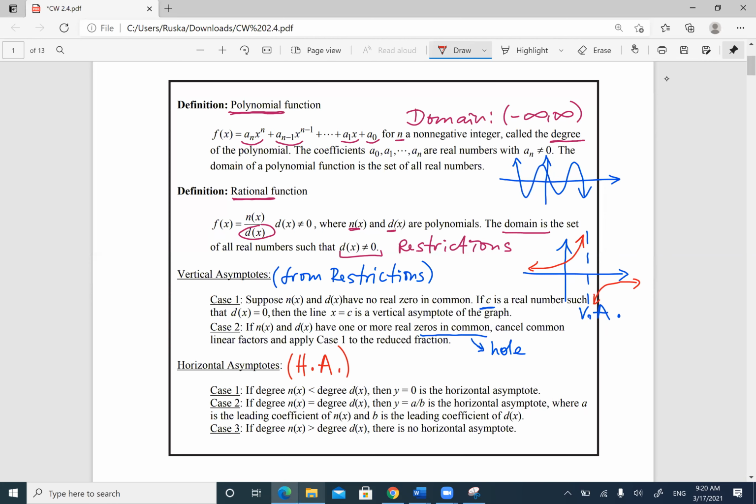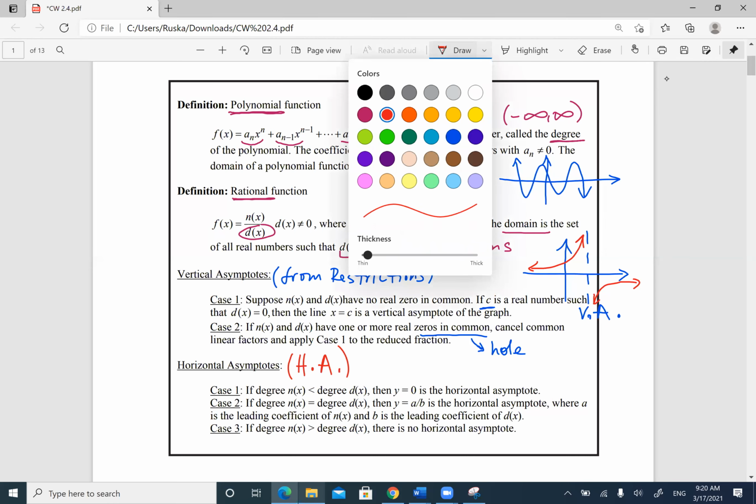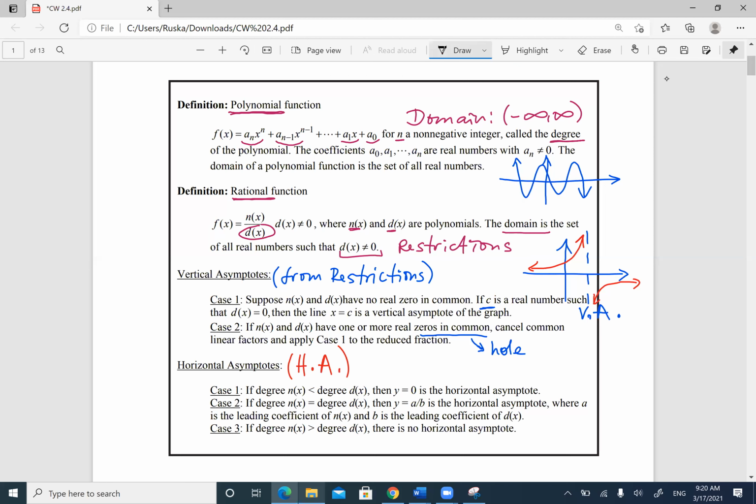So I'm going to go over these three cases, and in the graph I have right now, this is going to be the horizontal asymptote. So pretty much the horizontal and the vertical asymptotes. So this is the vertical asymptote. I'm sorry, horizontal.